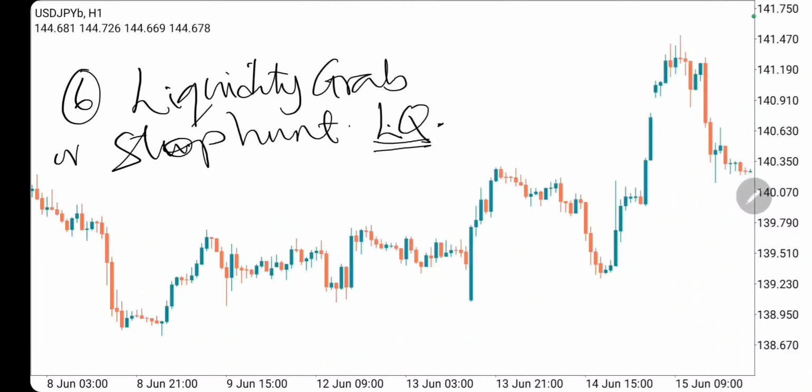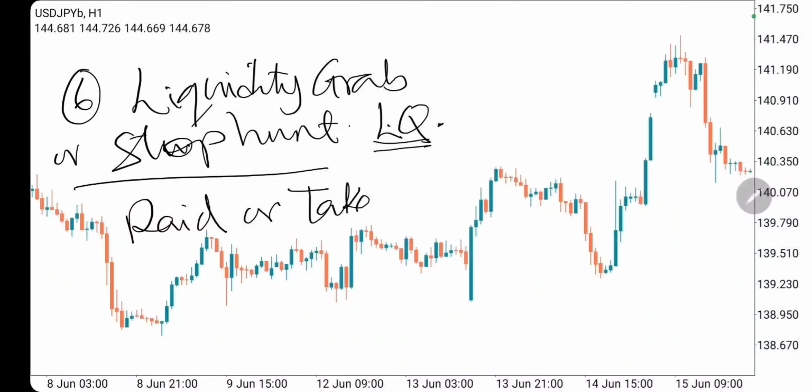Liquidity grab or stop hunt is a situation whereby large financial institutions, hedge funds, or institutional traders intentionally raid or take out the stop losses of retail traders.